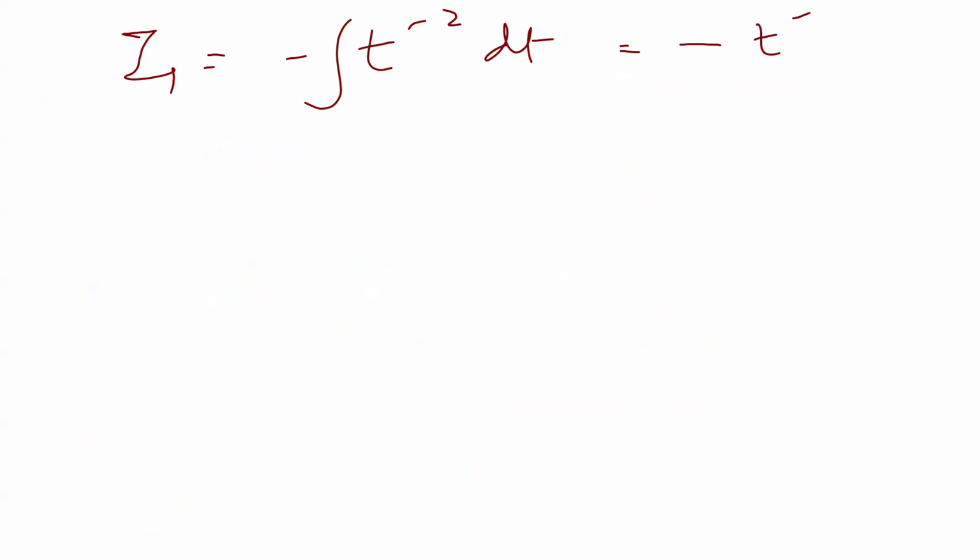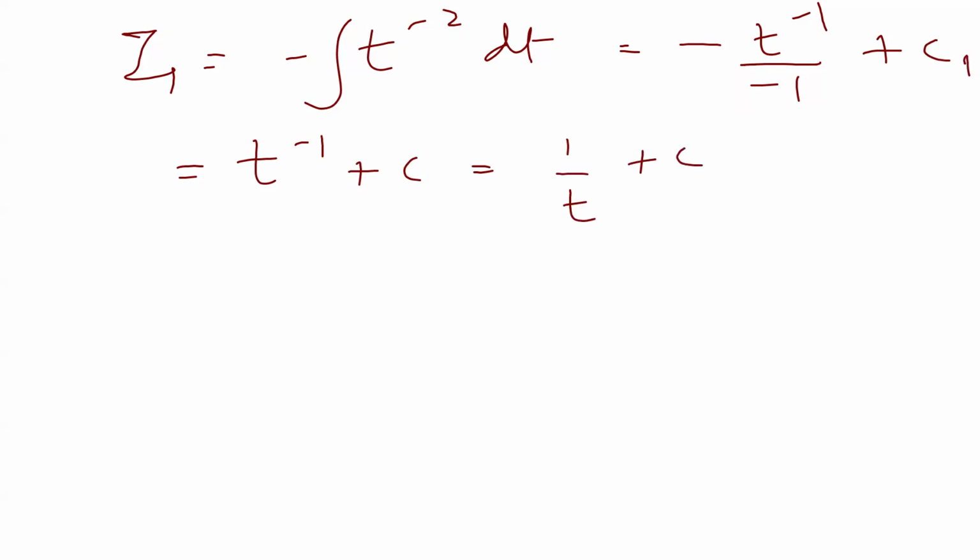Minus outside, t raised to minus 2 upon minus 2, which is minus minus is plus, gives 1 upon 2t square plus c1. We write c1 because this is I1. Now t is cos x, so it is 1 upon cos x plus c1.